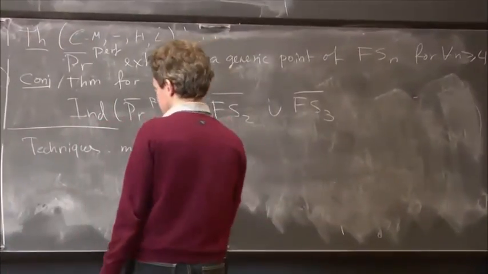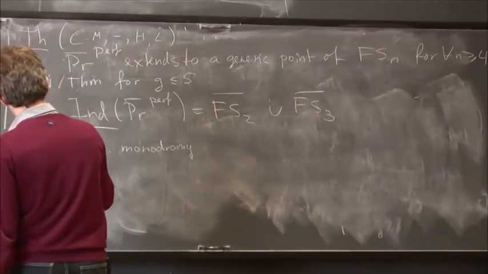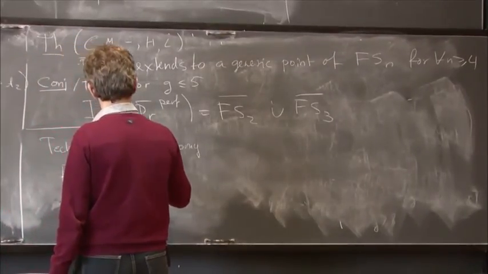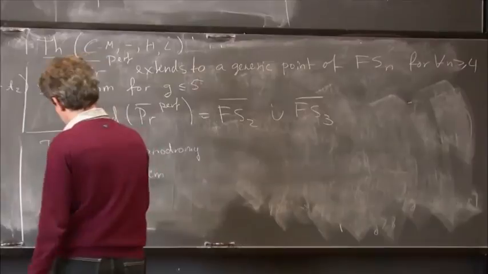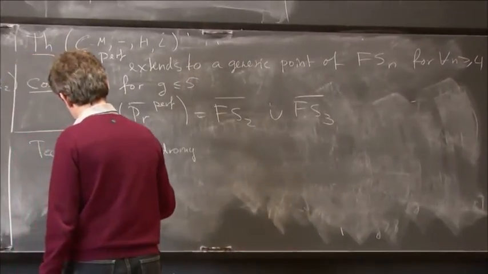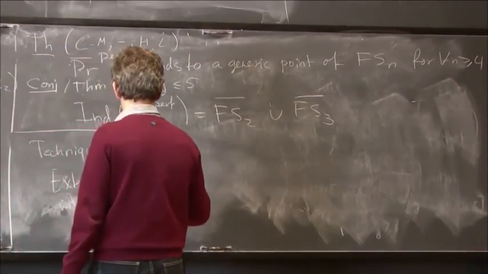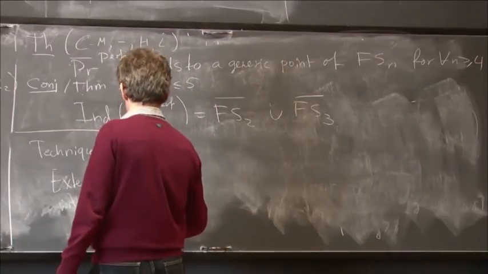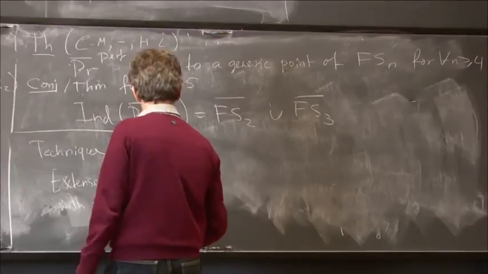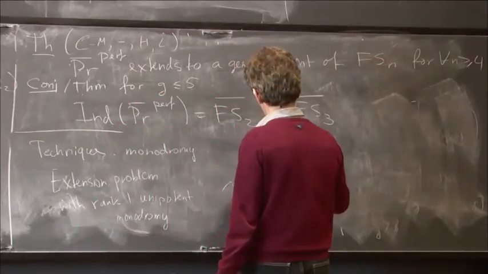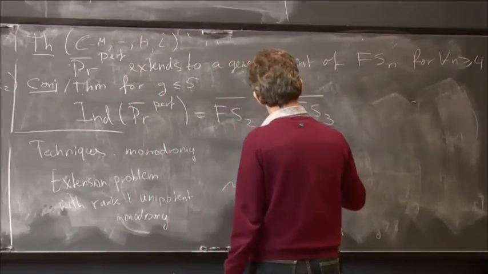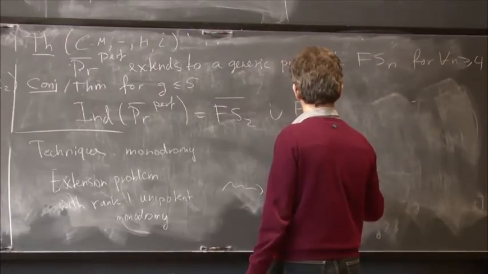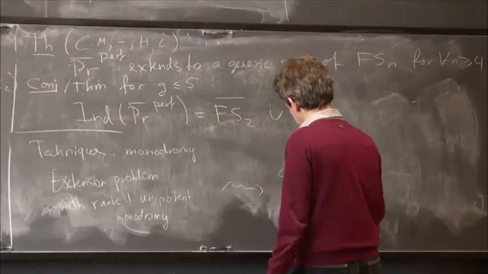And what we can do is we can take an extension problem. Well, I mean, what we actually can do is with rank 1 unipotent monodromy, and we get a combinatorial condition for extension.